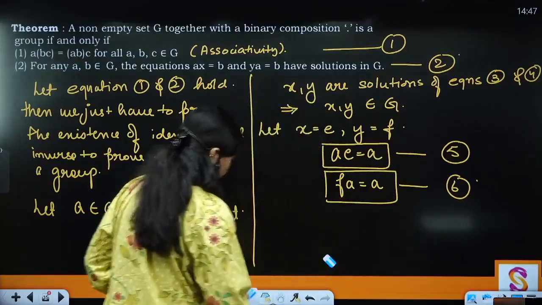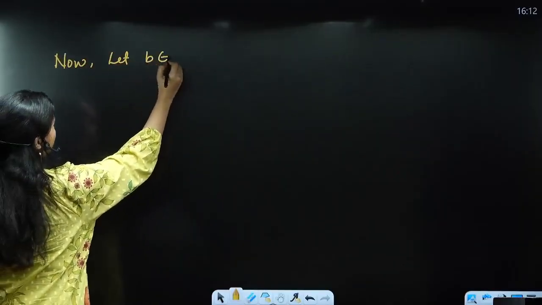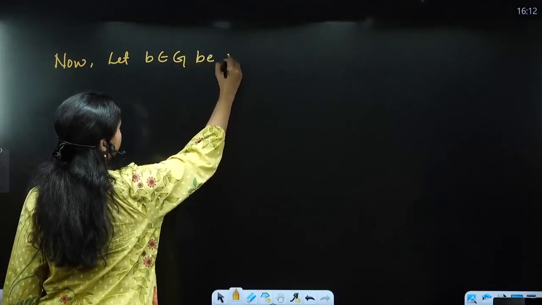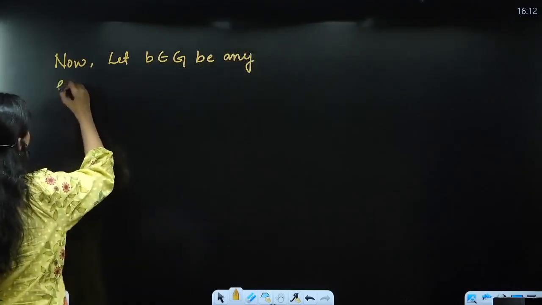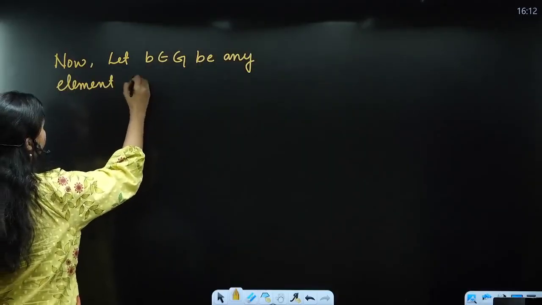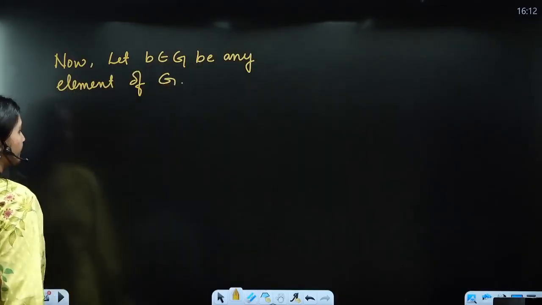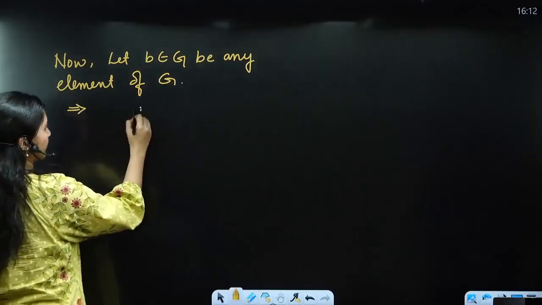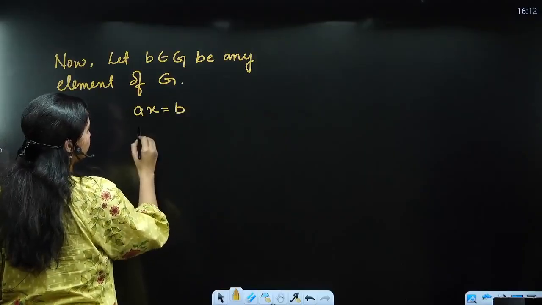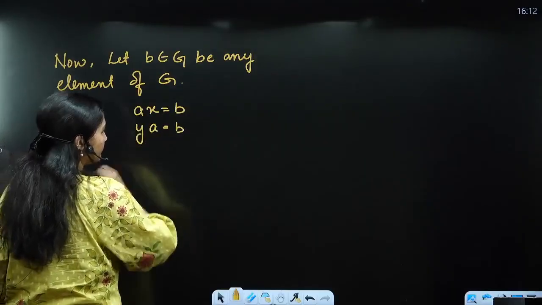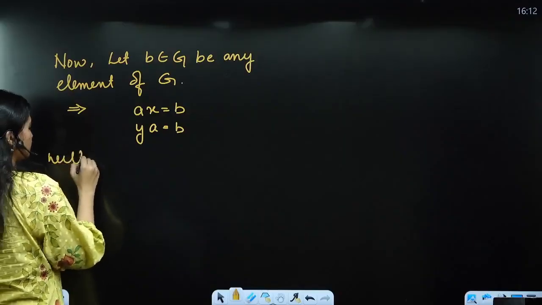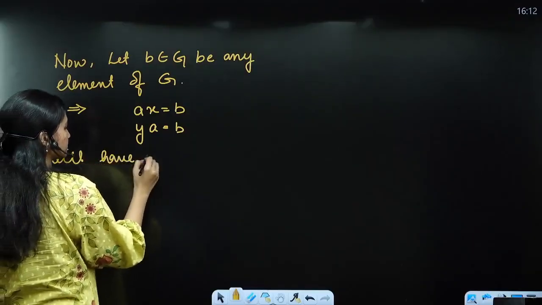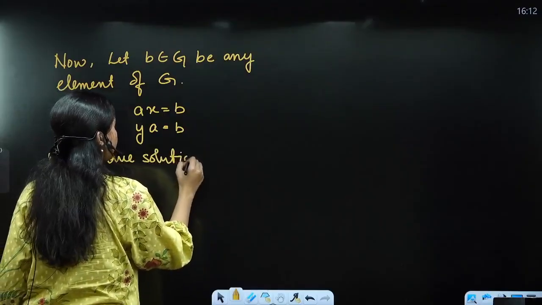Okay, now let B belong to G be any element of G. So if B is any element of G, this implies that AX equals B and YA equals B will also have solutions, right?